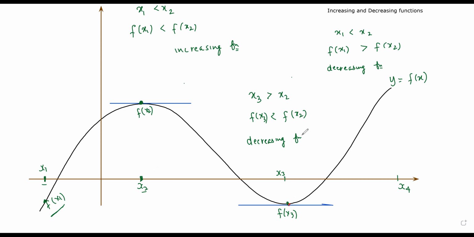Also notice that between x1 and x2, if I draw tangents to this graph, these tangent lines have positive gradients, right? All of these lines are going upwards. They all have positive gradients. However, between x2 and x3, if I draw tangent lines, then these lines are going downwards, right?